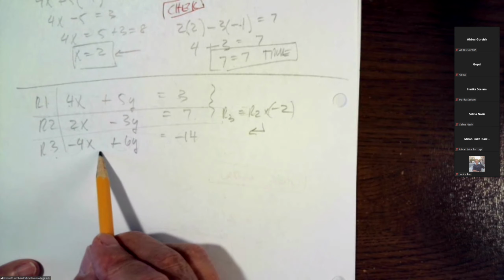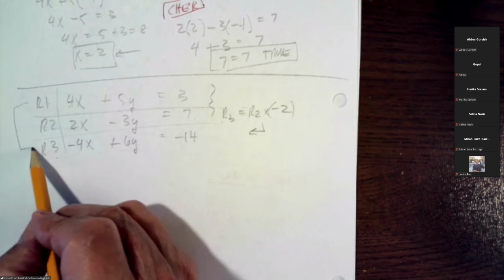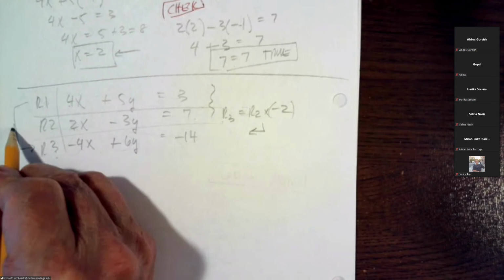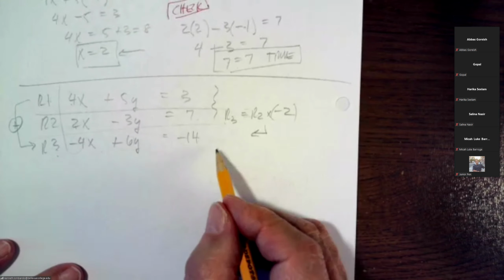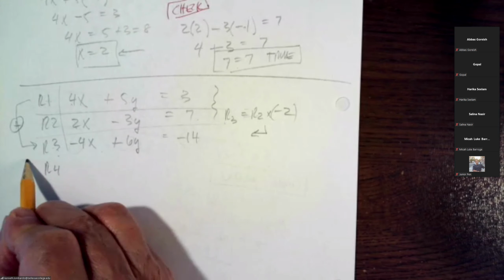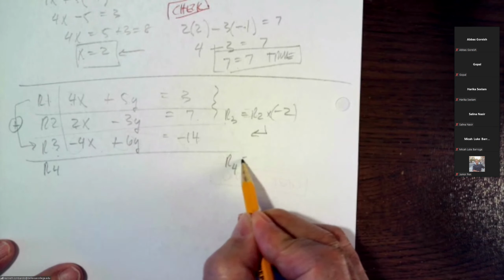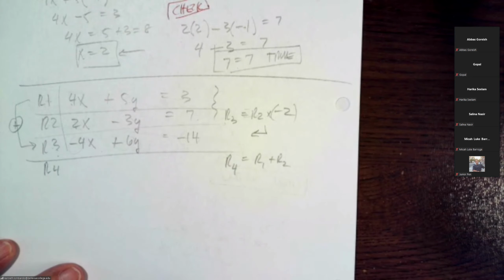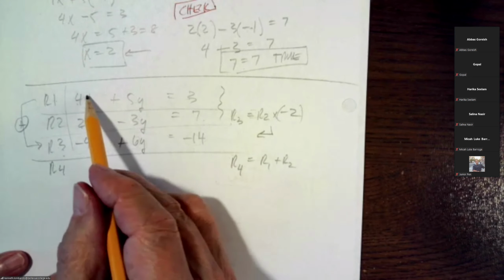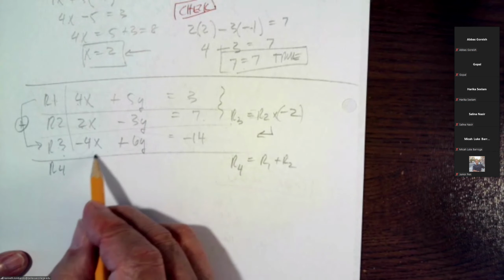Now, once I've got this, I can say, well, you know what? I can combine equations 1 and 3. I can add row 1 and row 3, and I can call that row 4. So row 4 equals row 1 plus row 3. So let's just do that. 4x minus 4x, so there are no x values here.